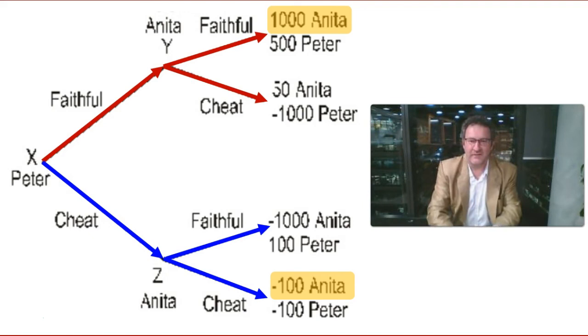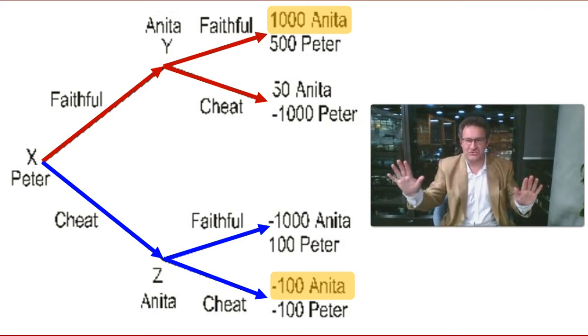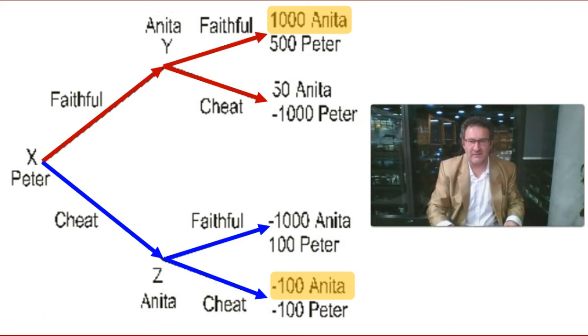Incidentally, now that we've got that set up, we can assume that Peter knows about the structure of this game, so to speak, he can deduce the possibilities and, on that basis, make his own choice.